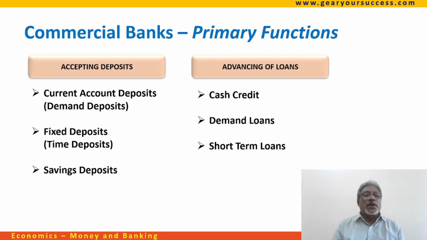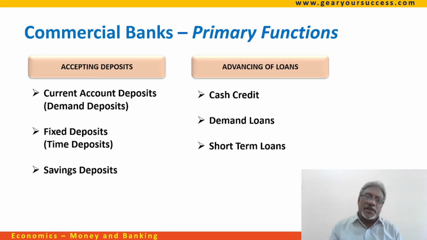Next one is term deposit: 1 year, 2 years, 3 years, or 5 years. They are also called fixed deposits. It will have a timeline, therefore it is also called time deposits. And of course, you also know that there are savings accounts that we have in these commercial banks.